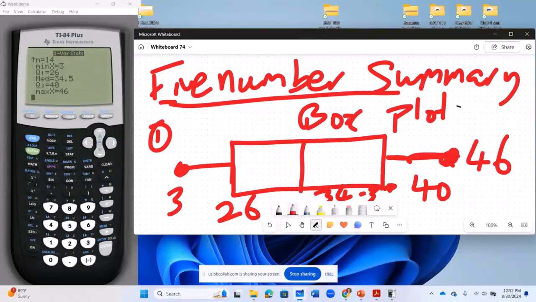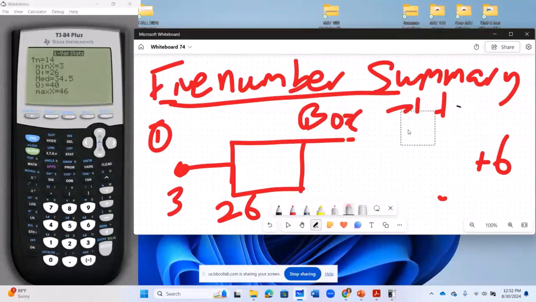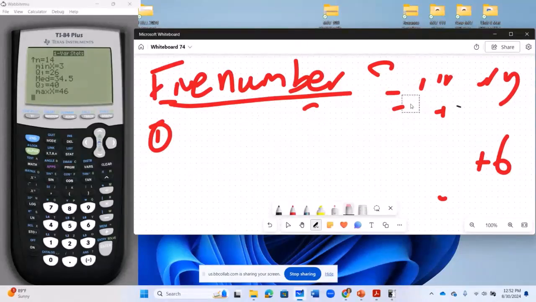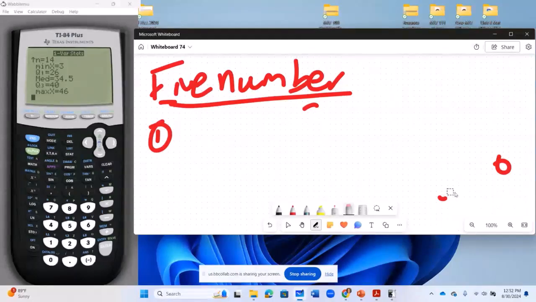So the next thing now is for me to find what is called the interquartile range. So what is the interquartile range? Anytime I'm told to find the interquartile range, I must have all the quartiles, Q1, Q2, Q3.